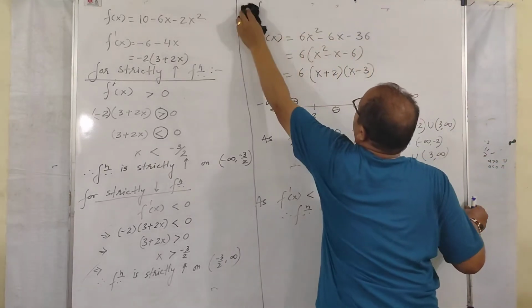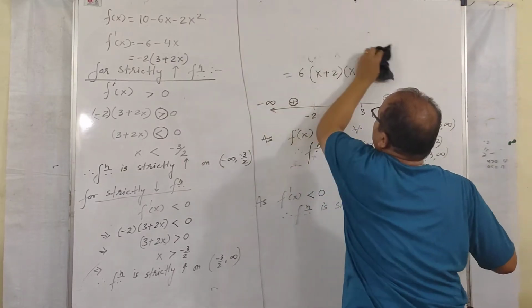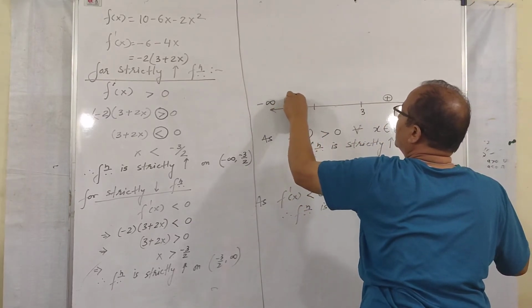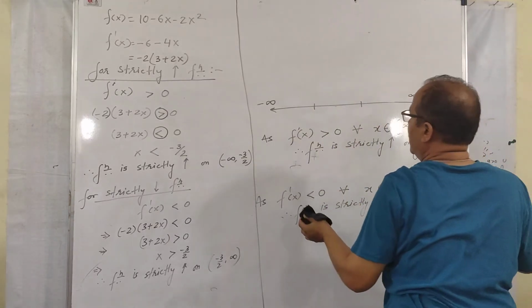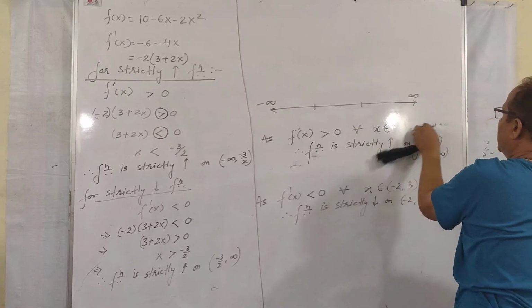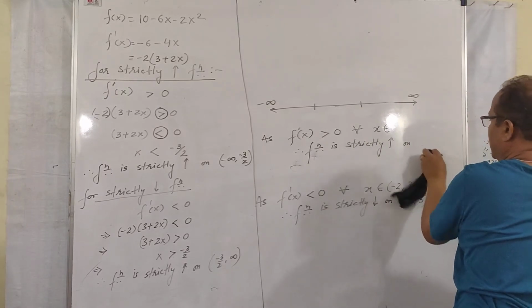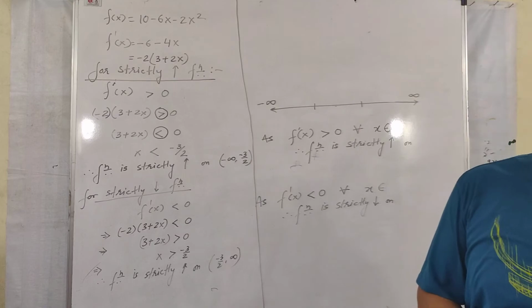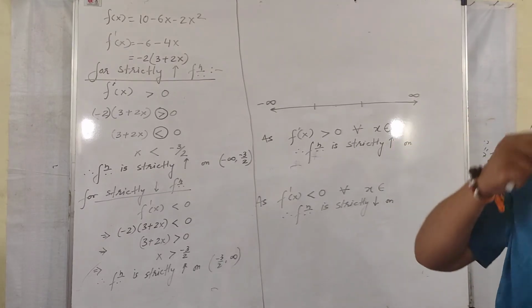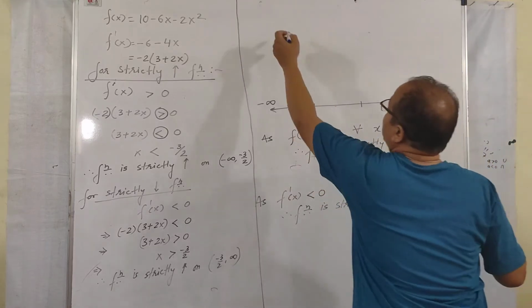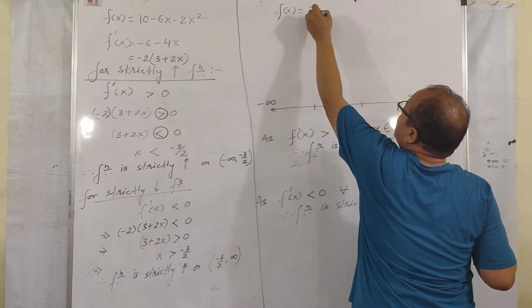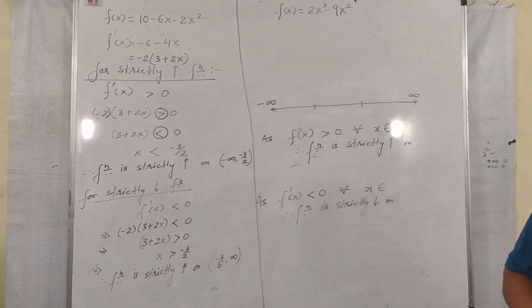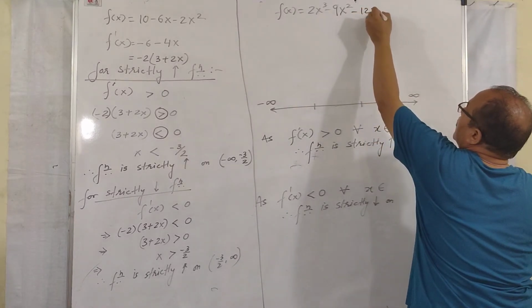Now one cubic polynomial, the other one more example I am taking here, and it is 2x cube minus 9x square minus 12x plus 1.